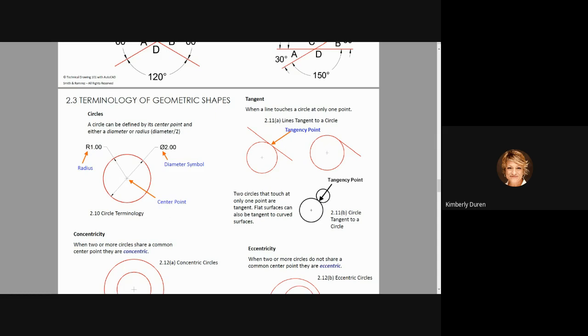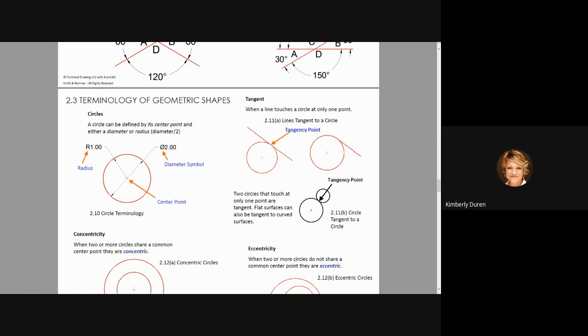Now, when you talk about lines going to a circle, maybe they're just stuck there and they can rotate and you really can't see it. Or I could rotate this around here. That is a fixed point to fix one circle to another. That's why we're even talking about this, because if I want them to be tangent to each other, they will never overlap.